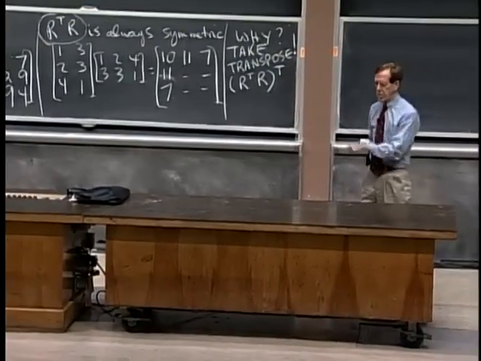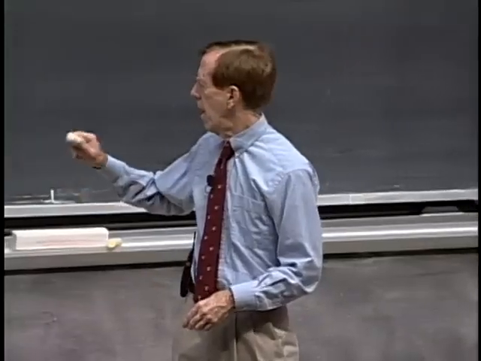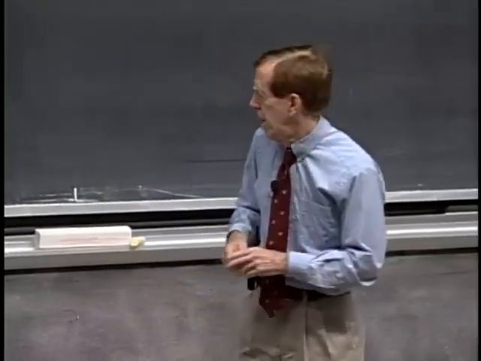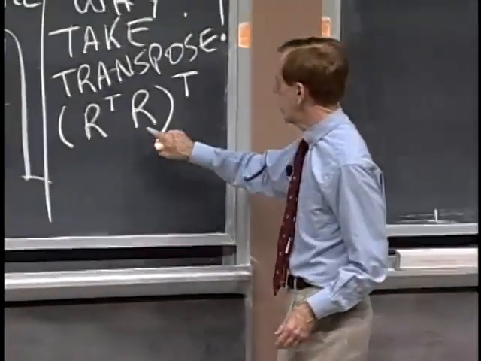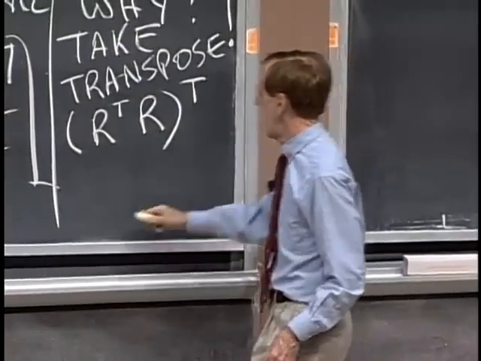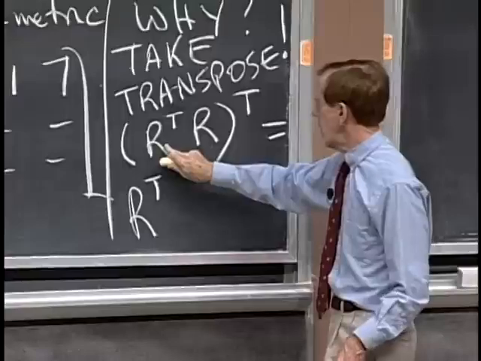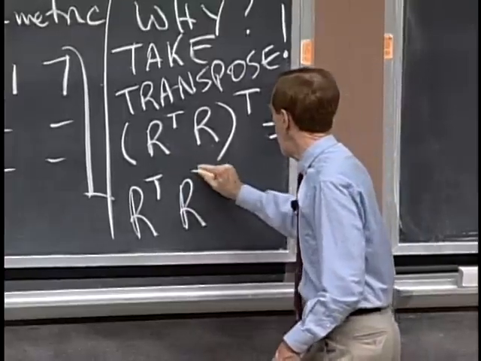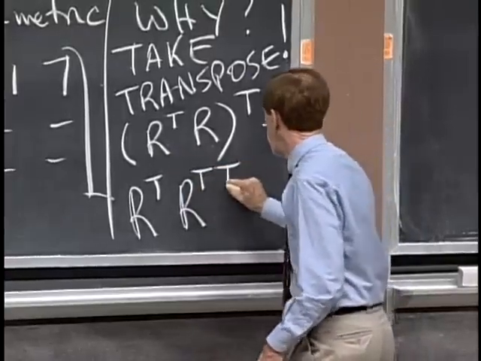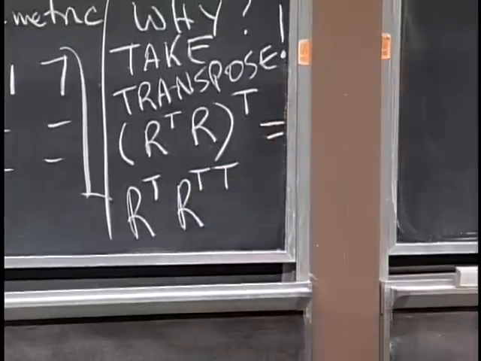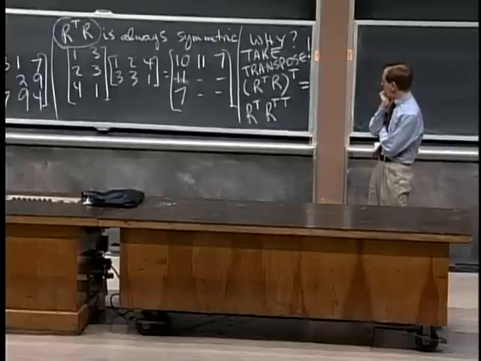Same rule for transposes, which we'll now use. So the order gets reversed. It's the transpose of that comes first, and the transpose of this comes now. That's what I have to write, right?